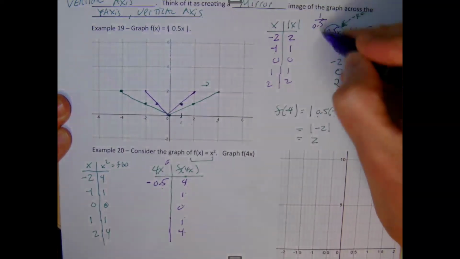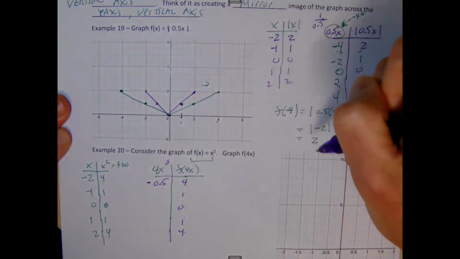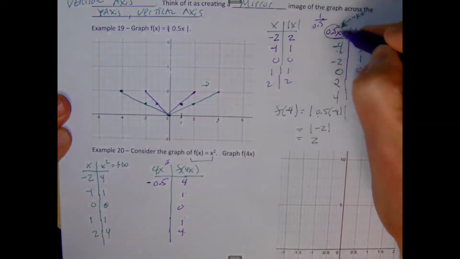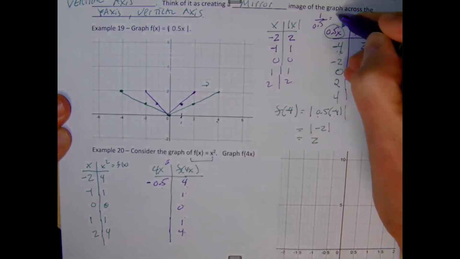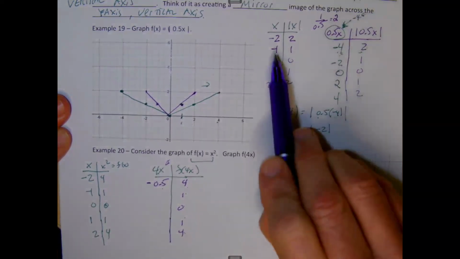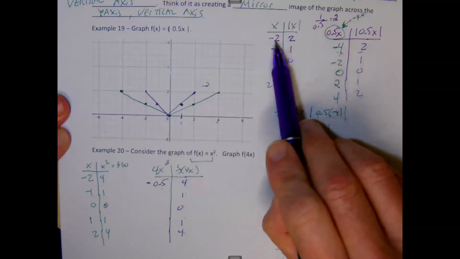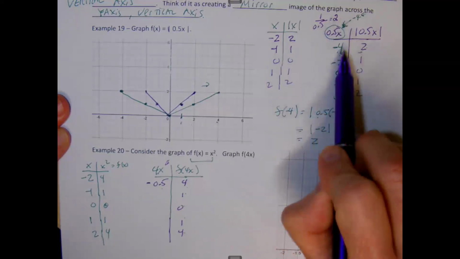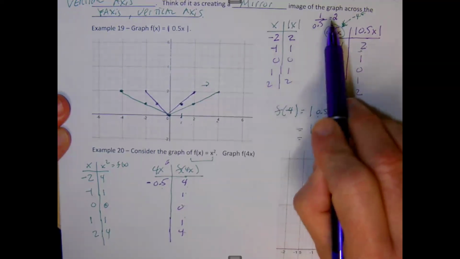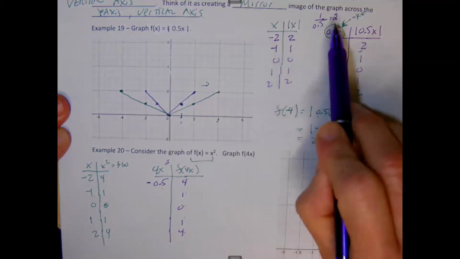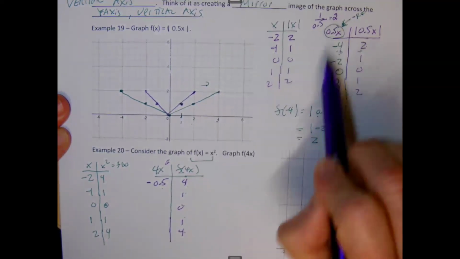And now multiply these numbers by the reciprocal. So what's the reciprocal of a half? The answer is 2. So now to go from here to here, all I need to do is go -2 times 2, -4. -1 times 2, -2. 0 times 2, 0. 1 times 2, 2.